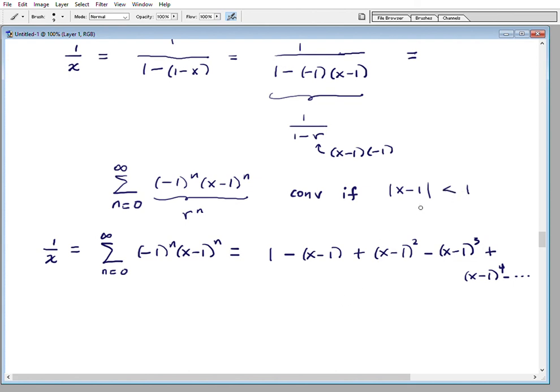That is only if x minus 1 is between 1 and minus 1. So only when x is, adding 1 to both sides, between 0 and 2. So this only makes sense between 0 and 2. So 1 over x is equal to this only for x between 0 and 2.